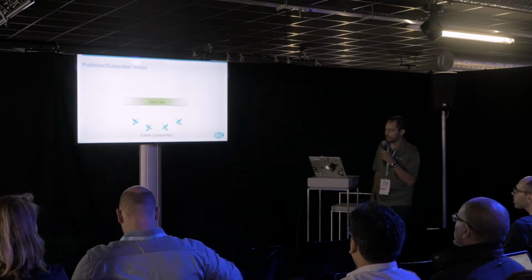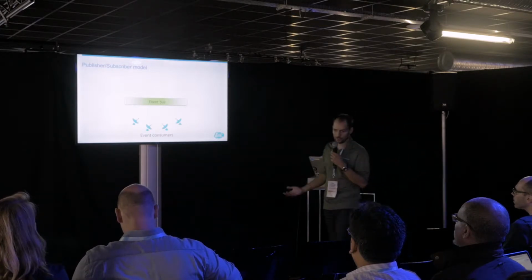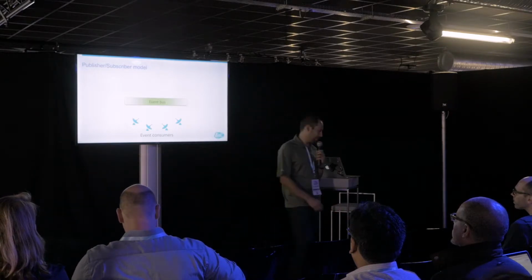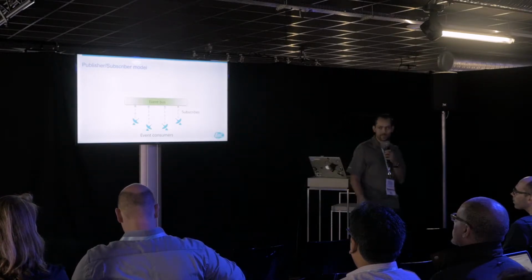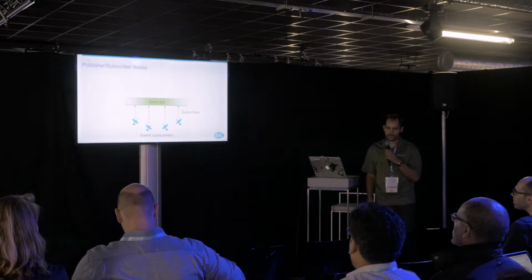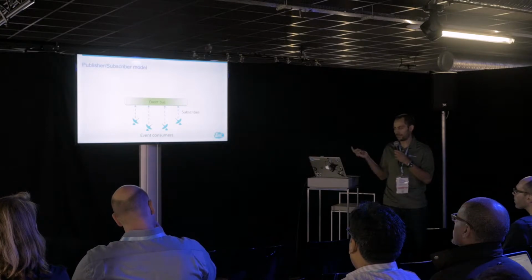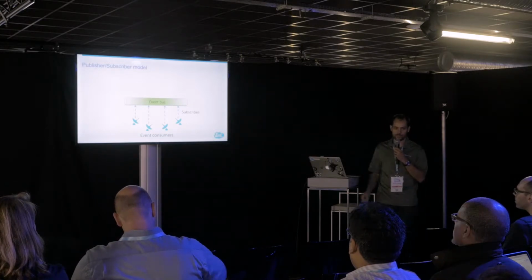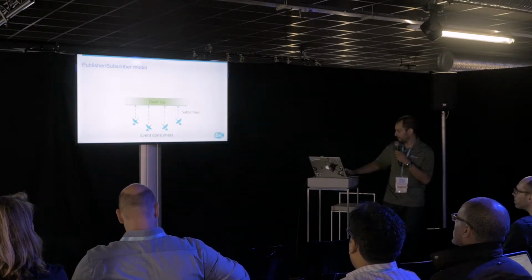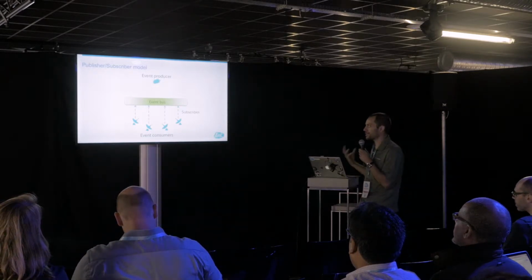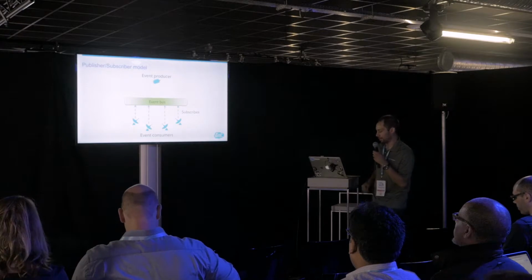Then you have a set of event consumers, also called receivers. They're listening to specific types of events. They subscribe to events on the bus. So they say, I'm interested in hearing about this type of message, and this other type of message. They pick the messages they want to receive. And then on the other end, you have something called the event producer, the thing that sends the event.